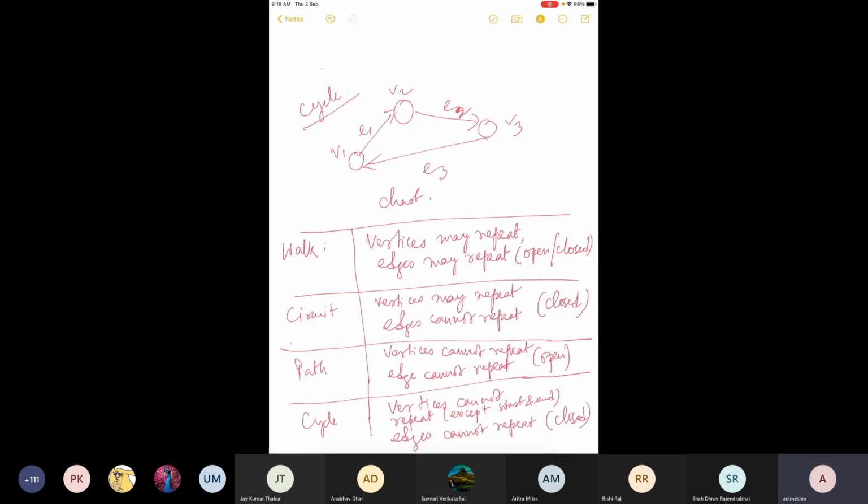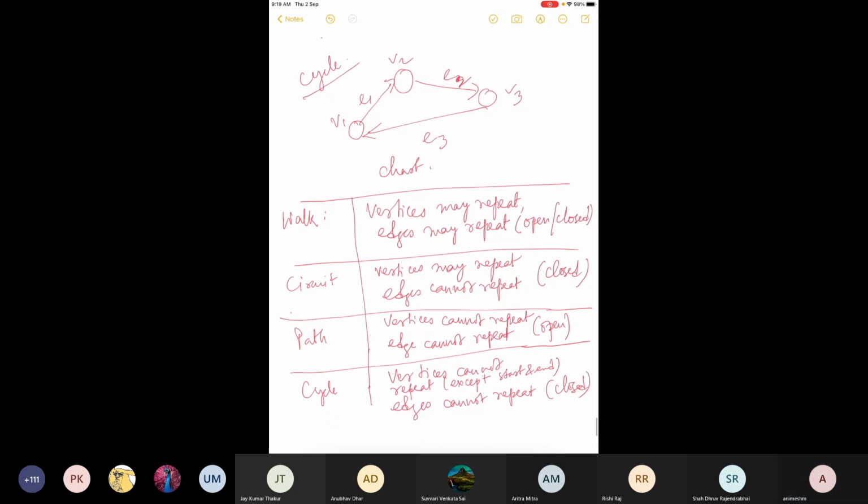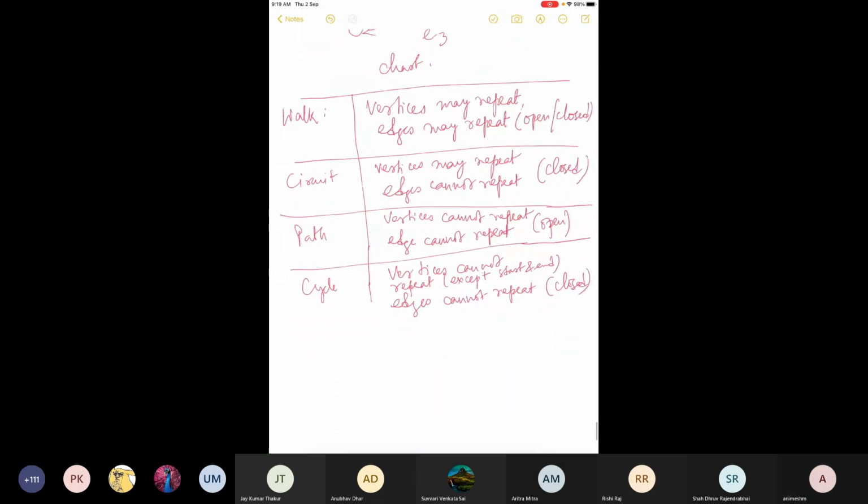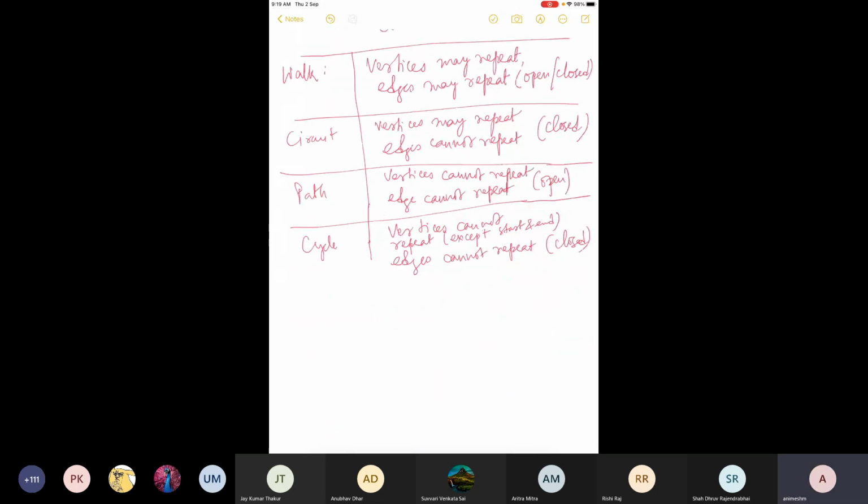So this table should be in front of your eyes all the time, and things become much easier.